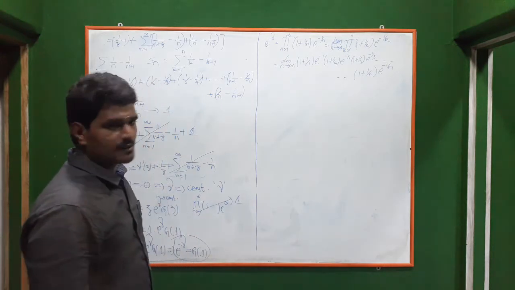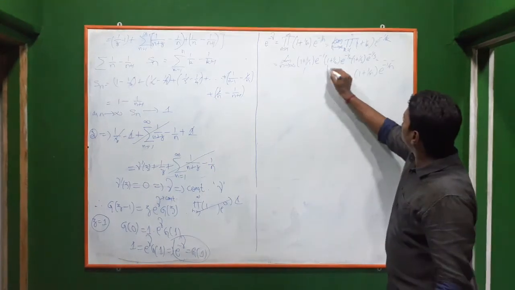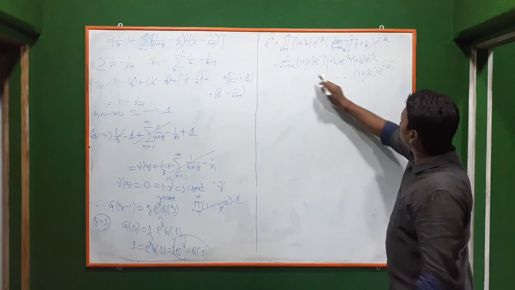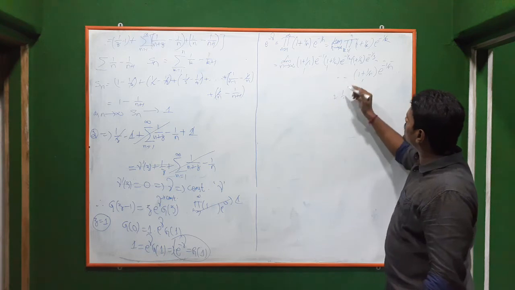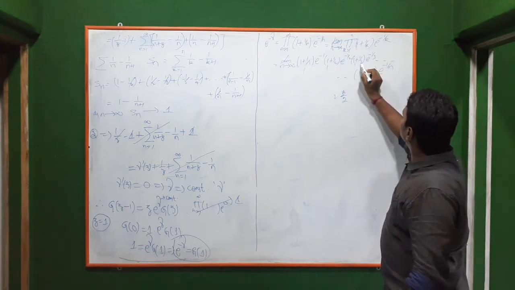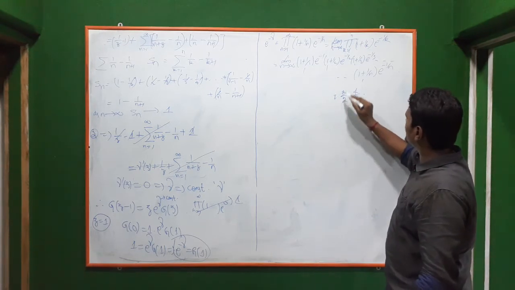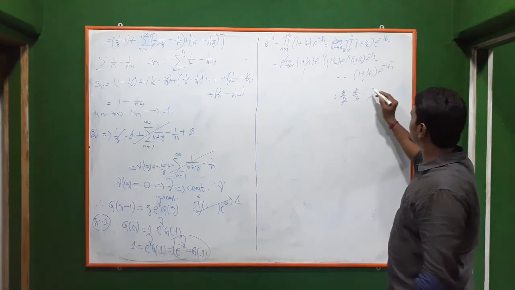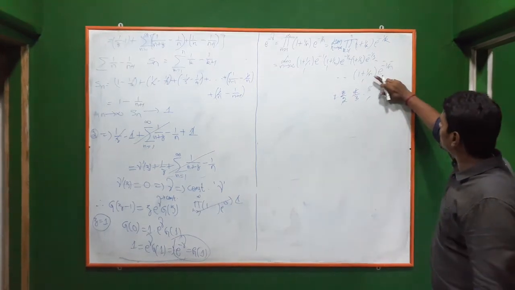Okay, simplify this. This will be what? 1 plus 1 is 2, into 1 plus 1 by 2 is 3 by 2, then 4 by 3. Right. So 2 will be cancelled, 3 will be cancelled, 4 will be cancelled, then 5 will be cancelled. Like that, everything will be cancelled.